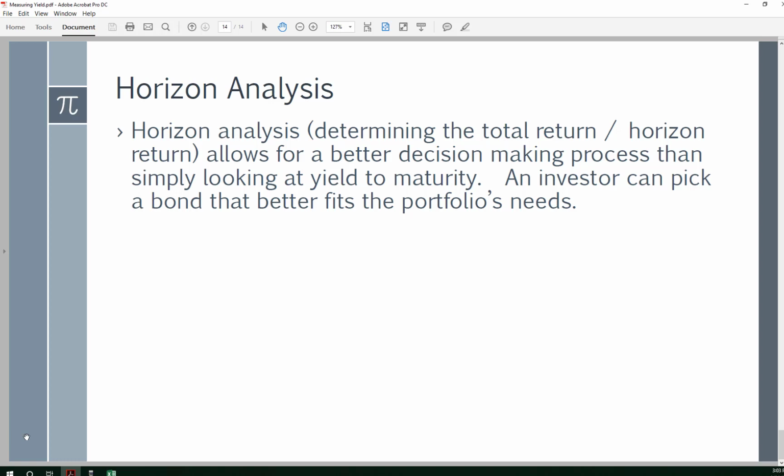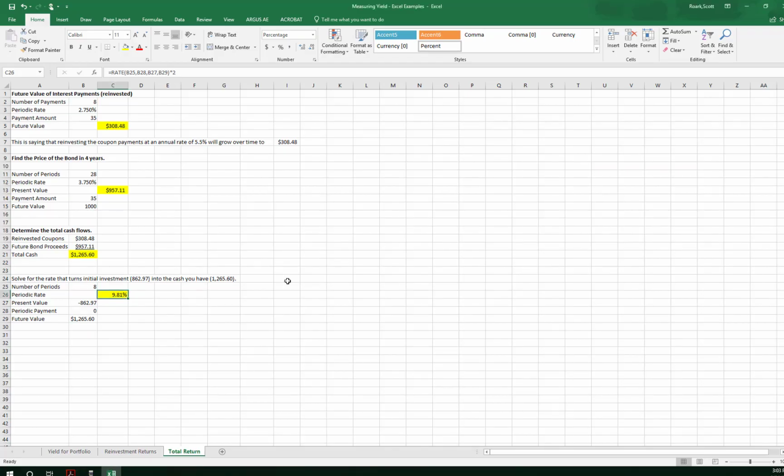So it's best, especially if you don't have a match between the maturity and the holding period, that you go through this horizon analysis, which is basically this calculation. We just go through these assumptions and these calculations for a bond and find out what that total return is, in the same way of speaking, what the horizon return for that bond would be.